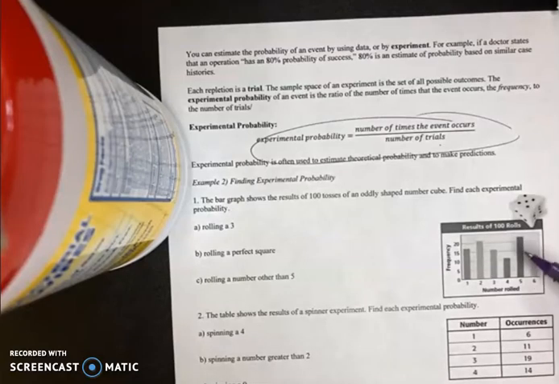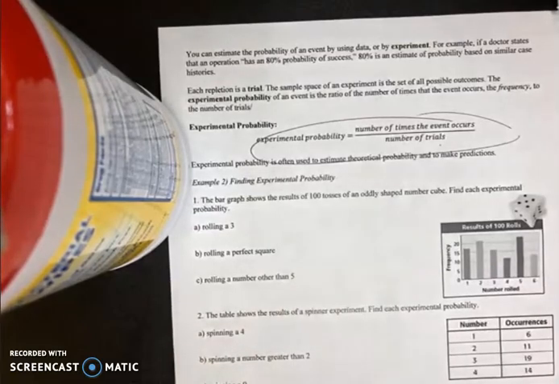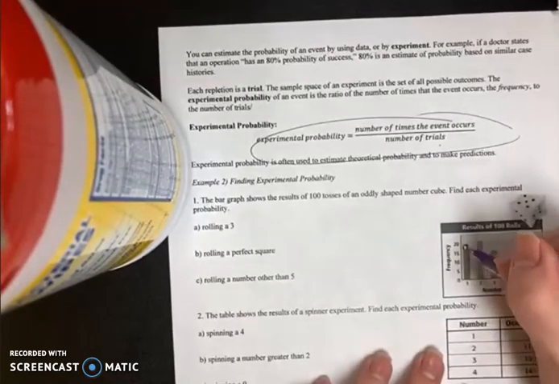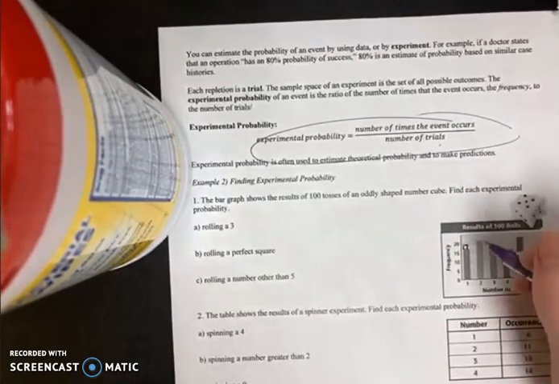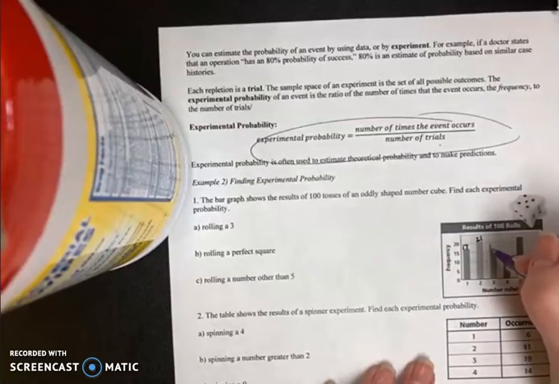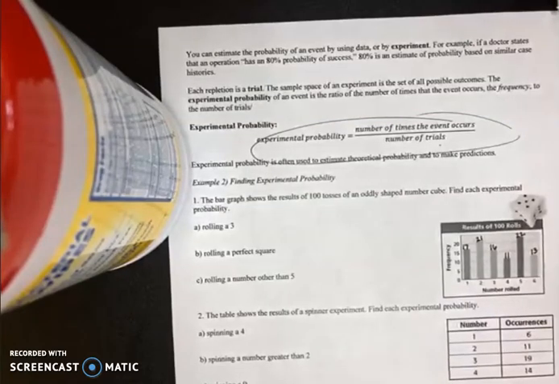So when we're looking at the number of tosses of this cube, this bar graph's kind of hard to see, so I'm going to go ahead and write in what the numbers should be. So this is saying, hey, 17 times it landed on a 1, 21 times it landed on a 2, 16 times on 3, 11 times on 4, 22 times on 5, and 13 times on 6.